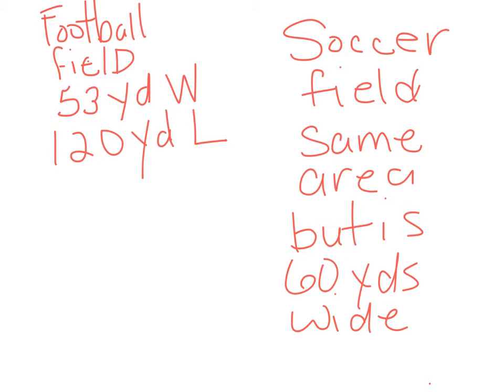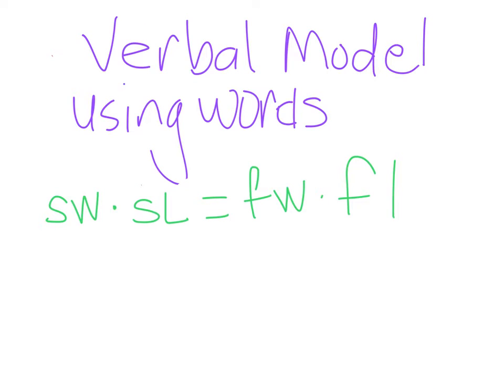Okay, so let's say that you have a football field. It is 53 yards wide, 120 yards long, and then you have a soccer field that has the same area as this, but is 60 yards wide. Our verbal model is the soccer field width times the soccer field length equals football field width times football field length.